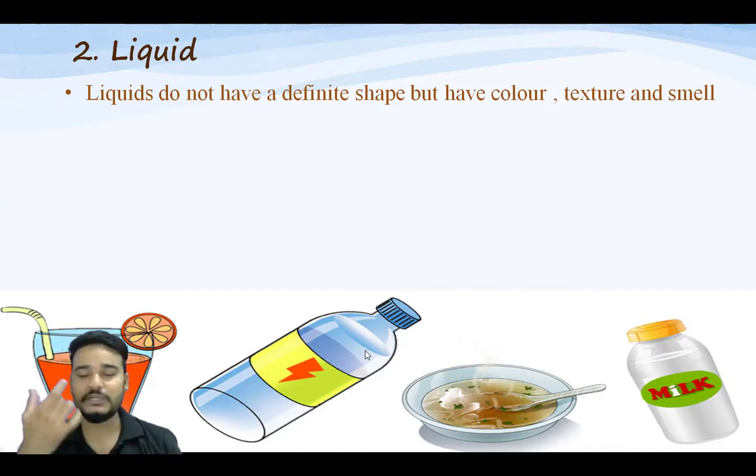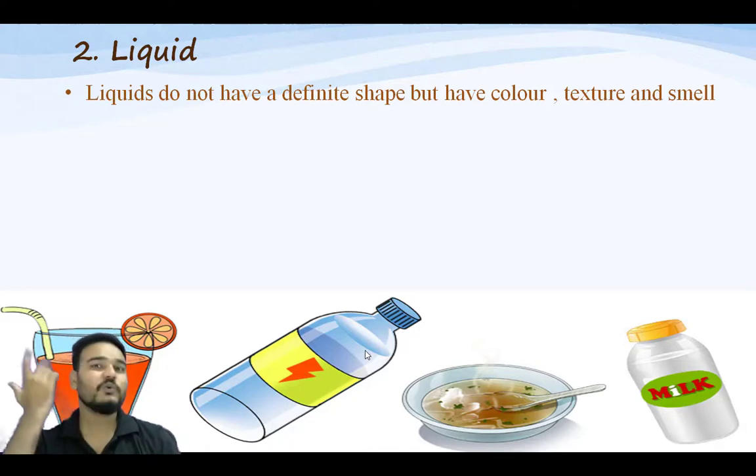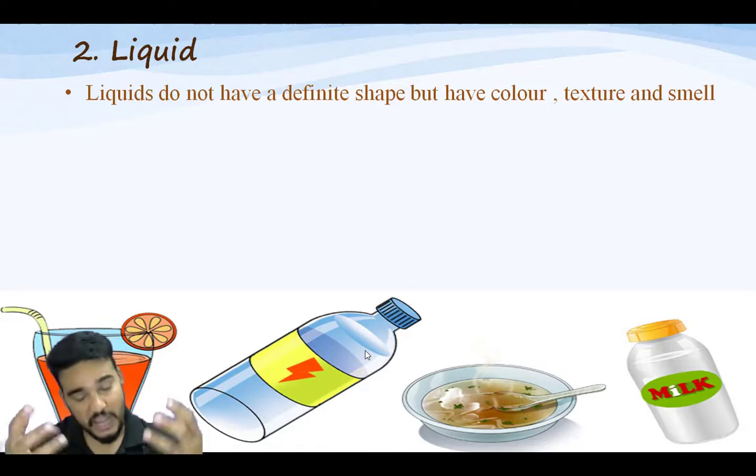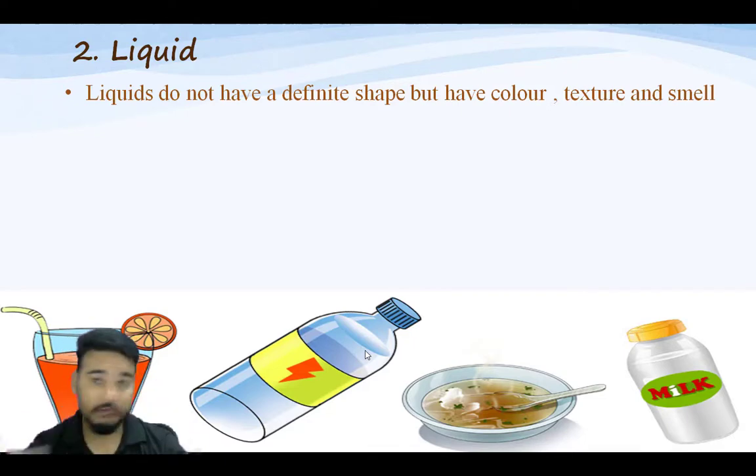Like orange, it has a flavor. Or water is transparent, no color, but when we drink it, we can feel it. Or any soups or any other liquid, like tomato sauce, chili sauce, those liquids have a texture, they have a smell, and they have a color also.